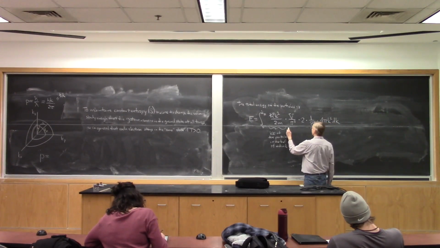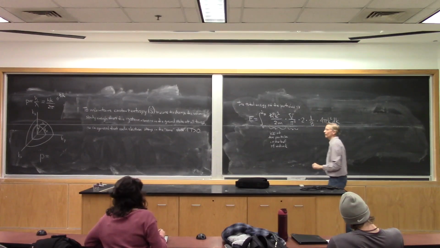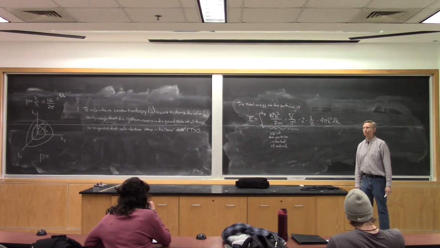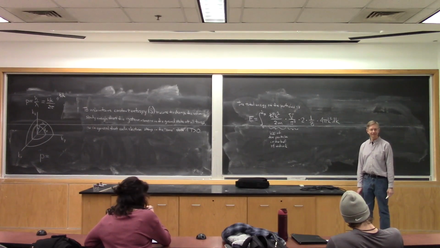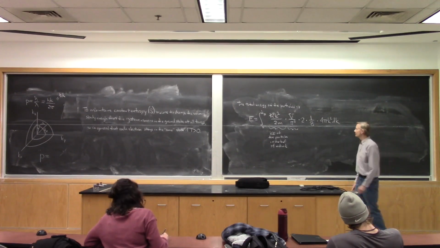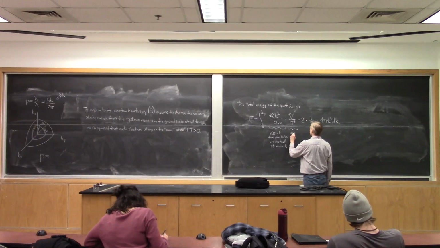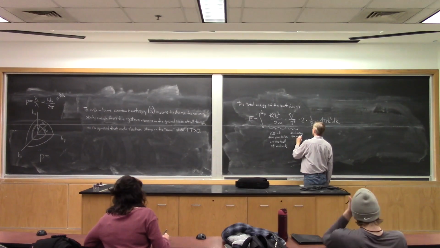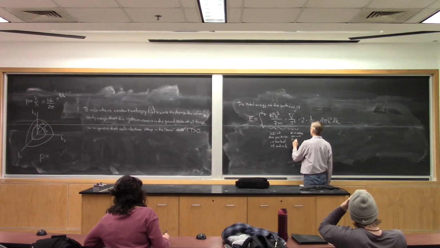What is V over pi cubed? What's the volume of the box divided by pi cubed? That is the number of particles per unit volume of k space, right? This is the number of states per unit volume of k space. V over pi cubed is the number of states per unit k space volume.